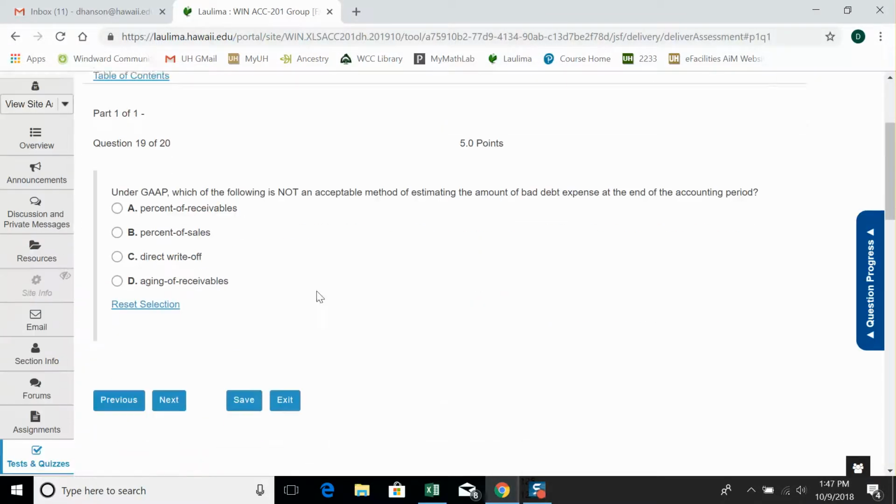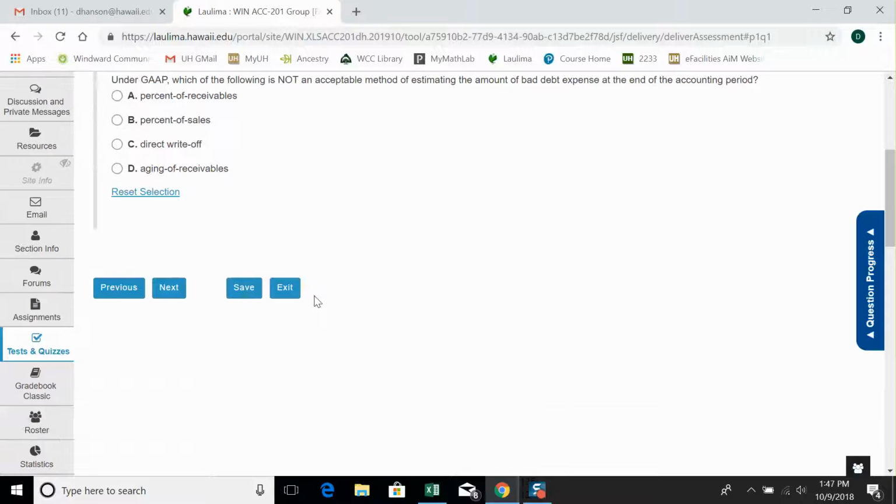Okay. Now I'm on question 19 of 20, which is a conceptual question. Under GAAP, which of the following is not an acceptable method of estimating the amount of bad debt expense at the end of the accounting period? And let's look at our options. And from your reading, you should know that the direct write-off method is not acceptable.